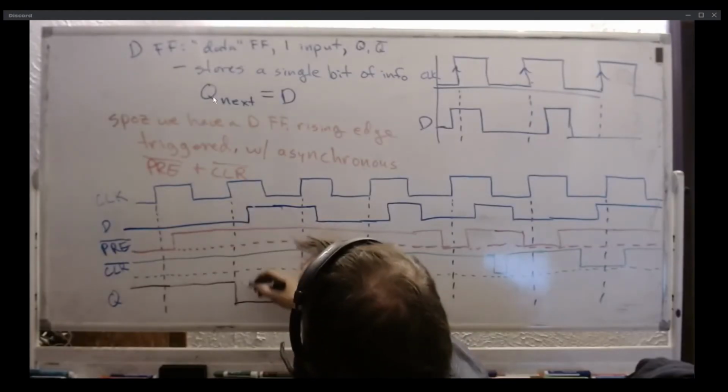So Q goes low because Q equals D on the active edge of the clock. Preset and clear are still inactive, and we get another edge. This time D is high, and Q goes high. Yep, you got it.